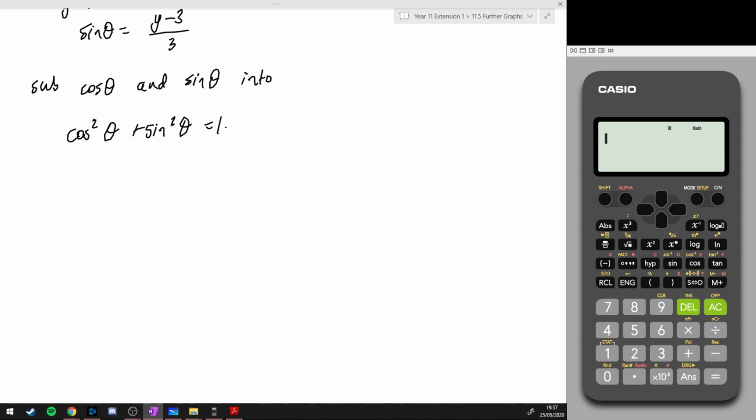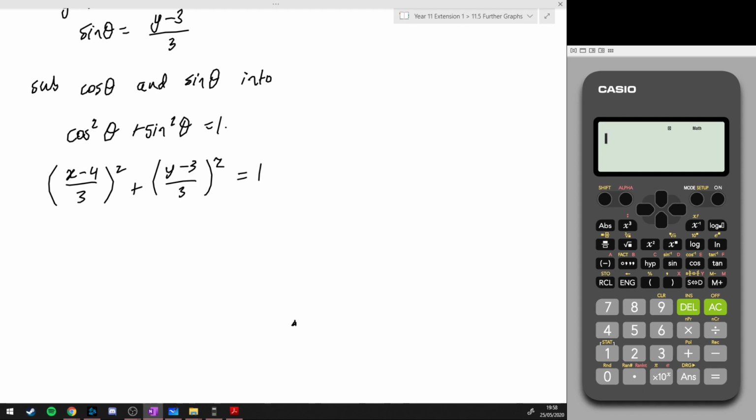Substituting our values in, we get x minus 4 on 3, all squared, plus y minus 3 on 3, all squared, and that's going to be equal to 1.